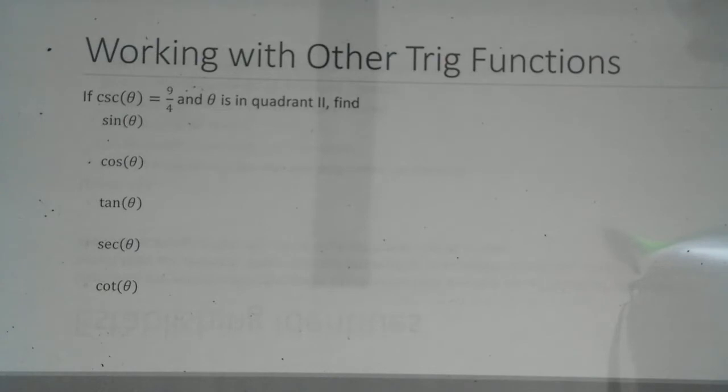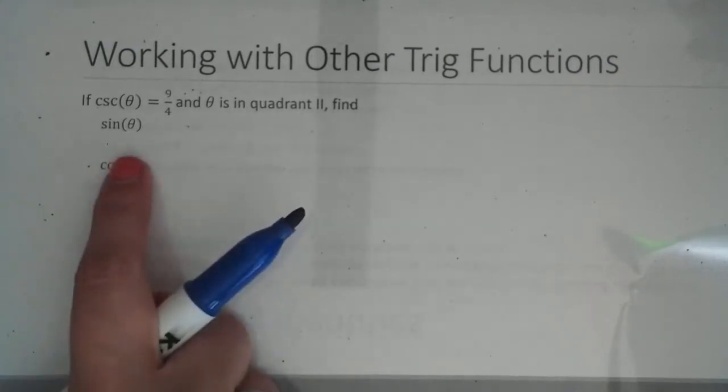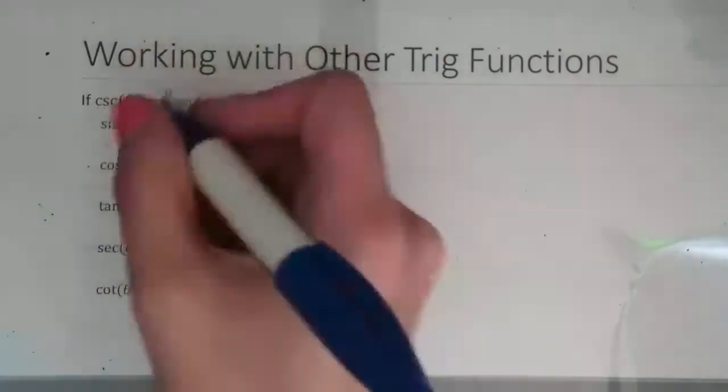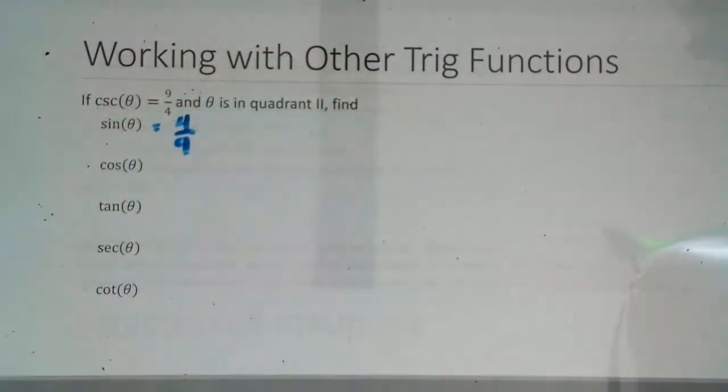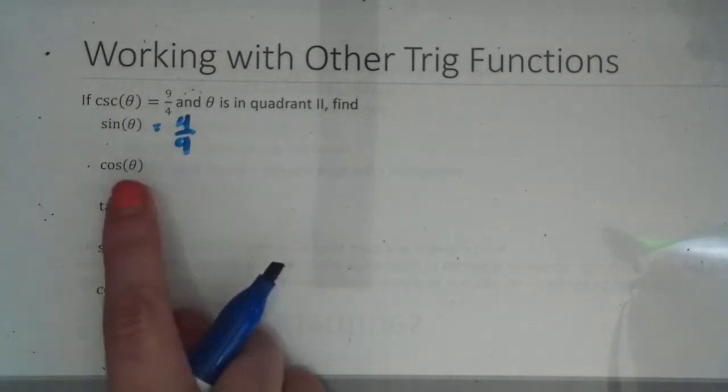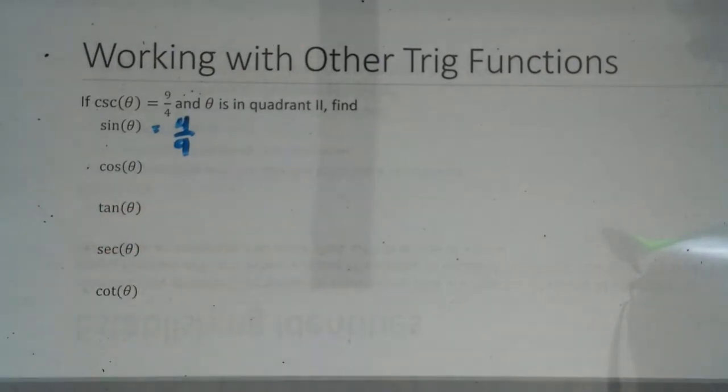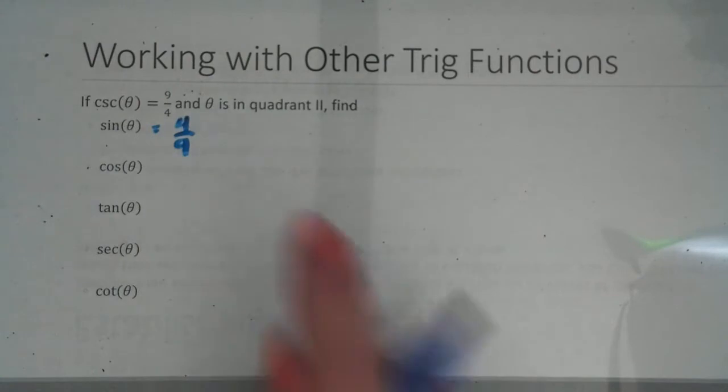Well, the cool thing about this is, if we know the cosecant, then we know the sine, because sine is the reciprocal of cosecant. So I can just flip this. The sine is 4/9. All right, so that gives us the sine. We still need cosine, tangent, secant, and cotangent.